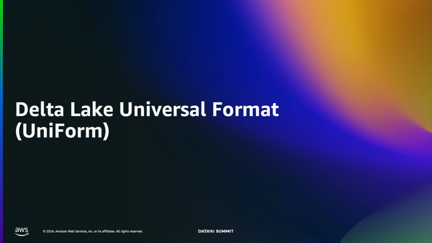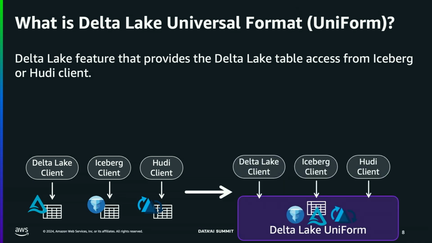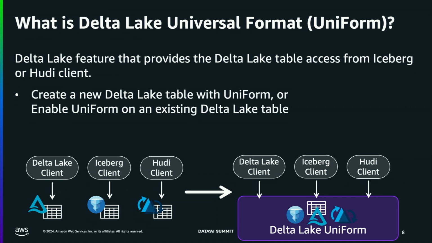Let's see Delta Lake UniForm. Delta Lake UniForm is a Delta Lake feature that provides Delta Lake table access from an Iceberg or Hudi client. To use UniForm, if you don't have any Delta Lake table in your environment, you create a new Delta Lake table with UniForm.